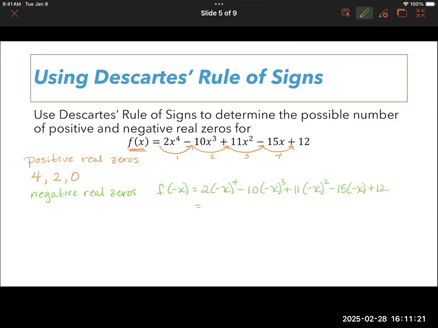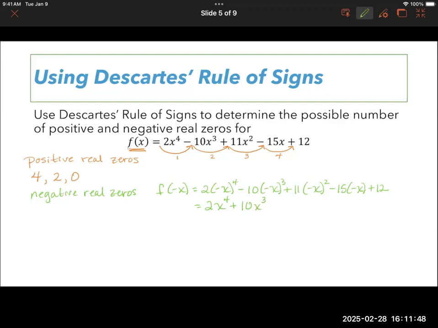So if I take negative x to a fourth power, it's going to end up being a positive x to the fourth. So this term remains 2x to the fourth. If I take negative x to a third power, that's going to become a negative x cubed times the negative 10, which means it's going to turn to a positive 10x cubed.